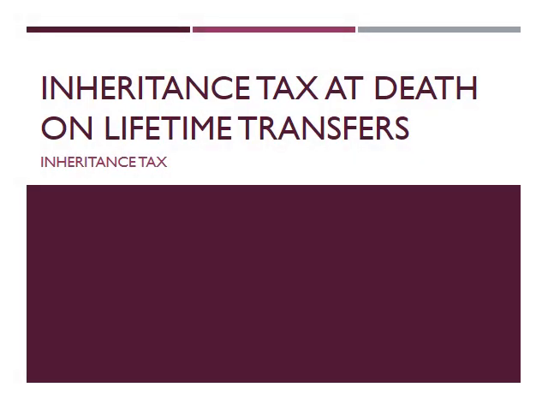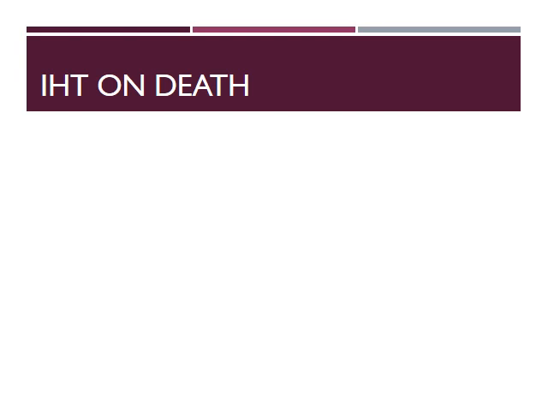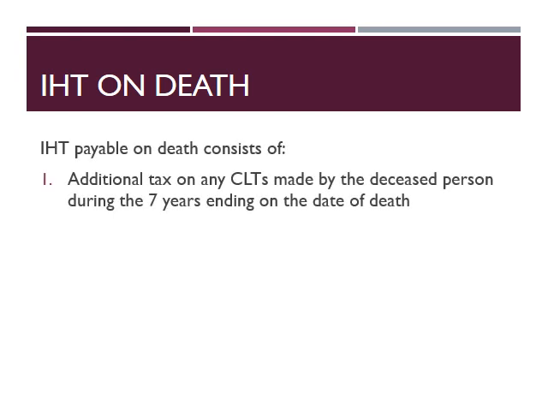In this session, we're going to look at inheritance tax that's payable at death on lifetime transfers. Now, inheritance tax payable on death consists of three things. First of all, we have any additional tax that's payable on chargeable lifetime transfers made by the deceased person during the 7 years ending on the date of death.